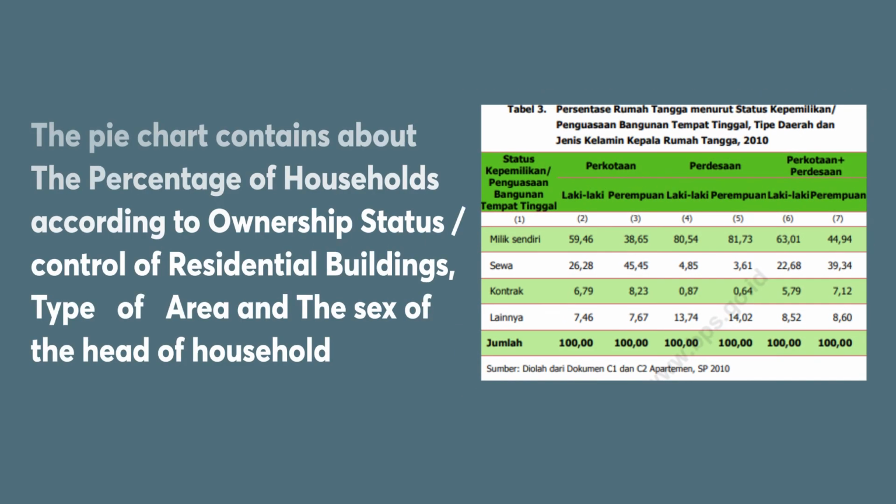Let's see an example. This is analyzed data from a pie chart. The pie chart contains the percentage of households according to ownership status or control of residential buildings, type of area, and the sex of the head of household.